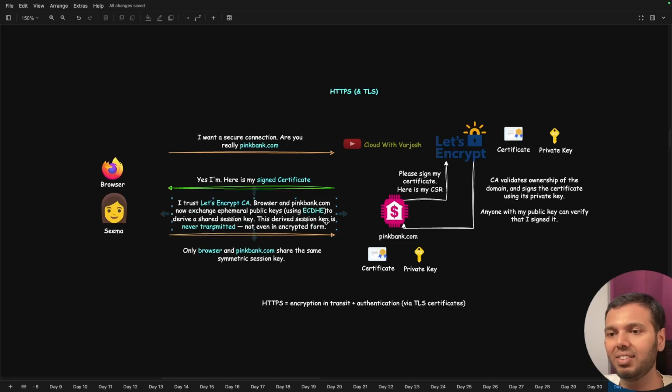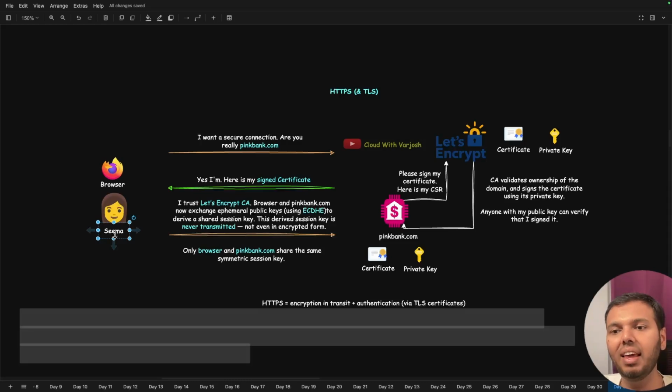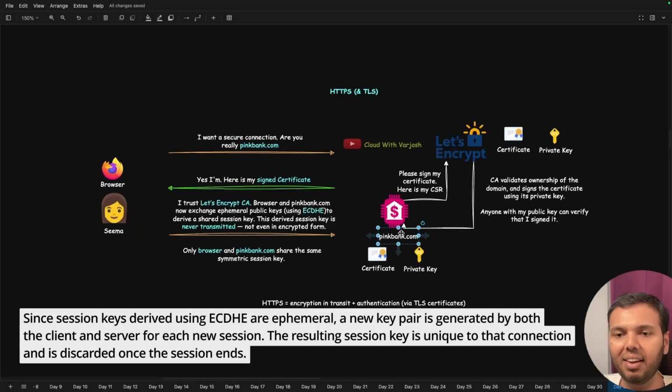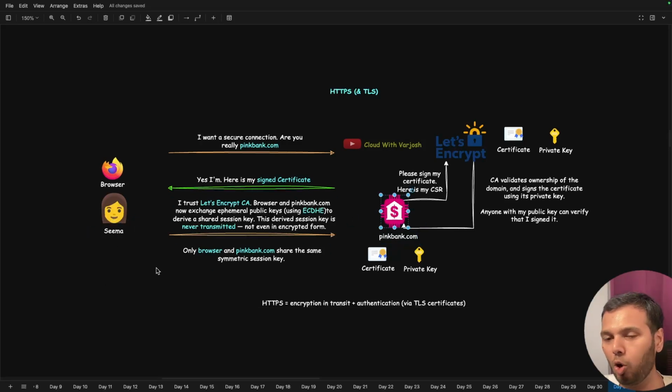This derived session key is never transmitted, not even in encrypted form. And once this session key is derived, then in the entire internet, this session key is unique only to Seema and pinkbank.com. Only the browser and pinkbank.com share the same symmetric session key.